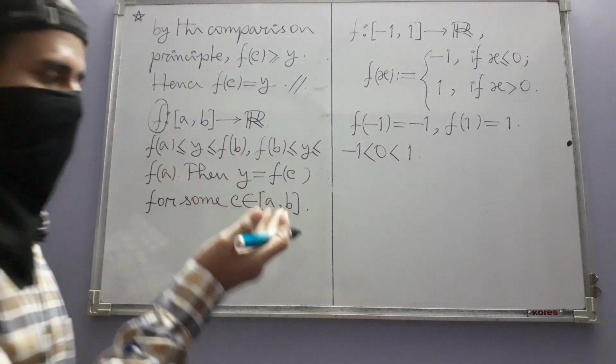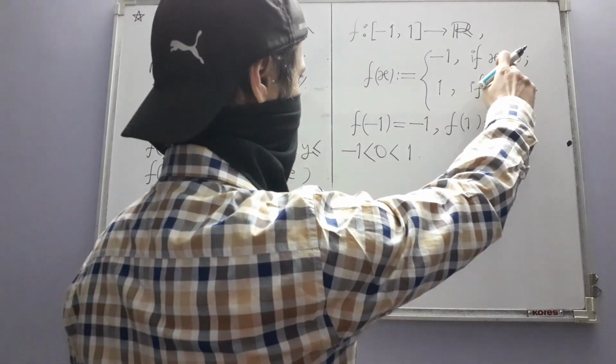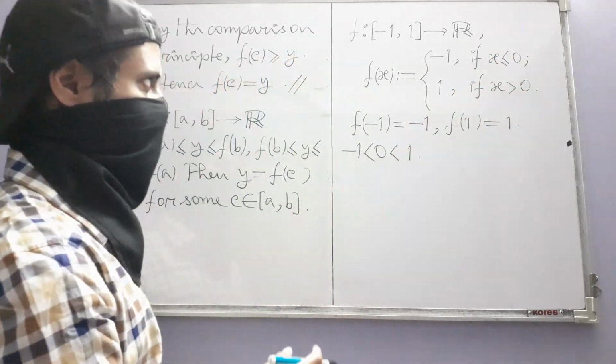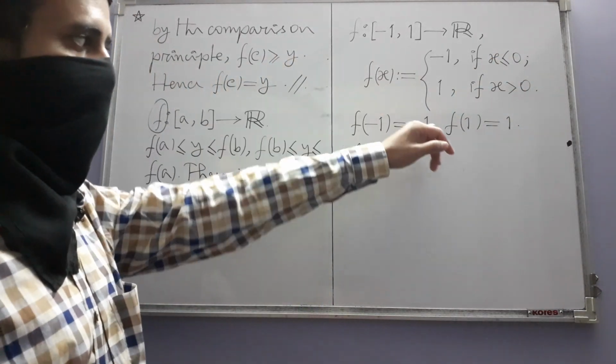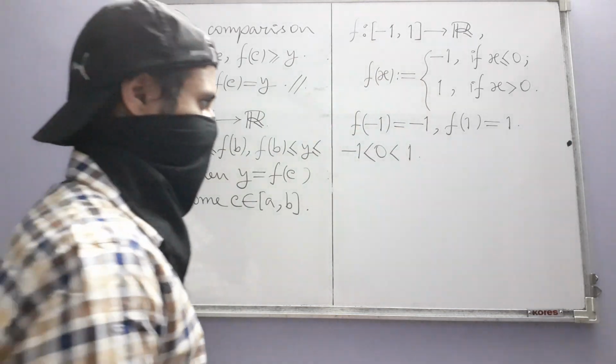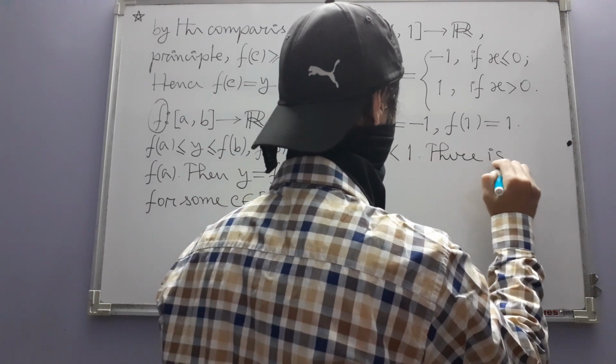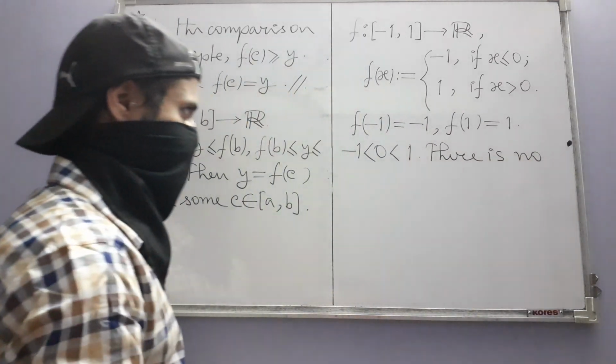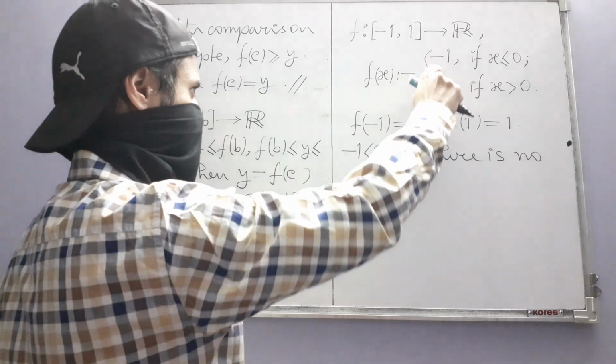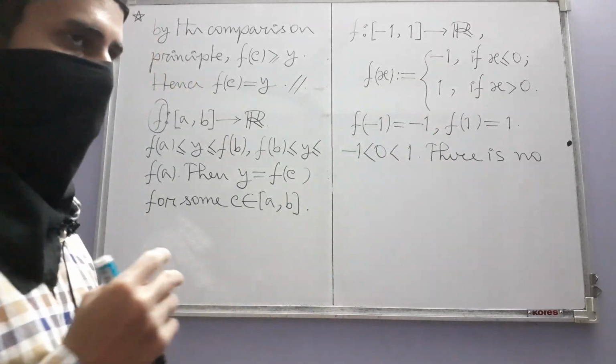But you can clearly see that there is no x or there is no c in this closed interval for which f of c is equal to 0, because there are only two f values, -1 and 1. f never attains 0.